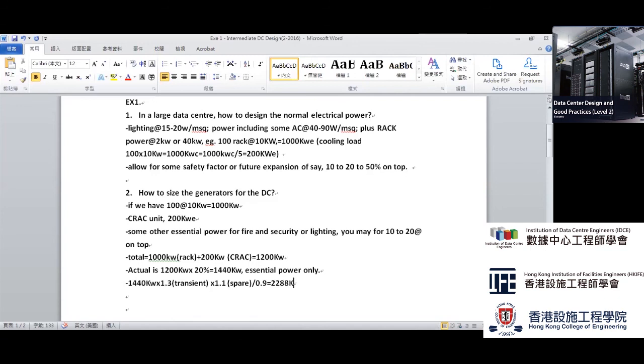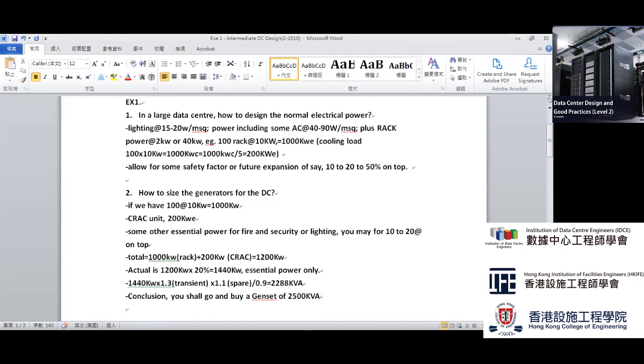Or actually, that's a kVA, okay? Because we have divided by the 0.9 factor. So in this case, the conclusion is you shall go and buy a genset of 2,500 kVA.